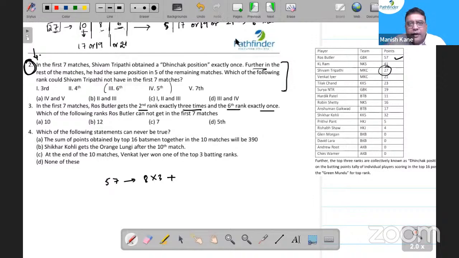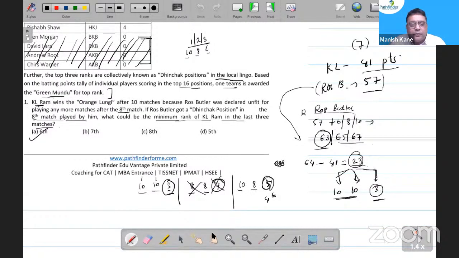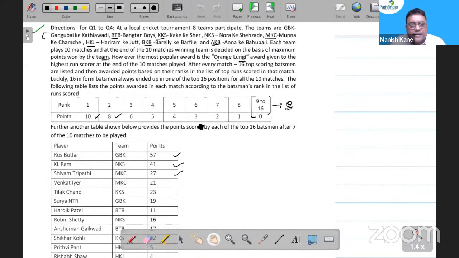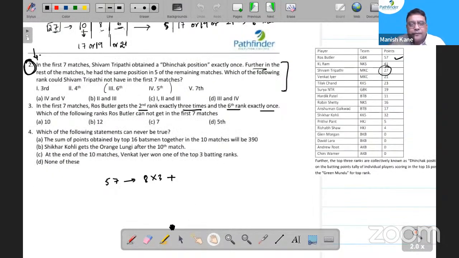When you look at rank 6th, the points are 3. So he gets 3 points exactly once. Correct? So 24 plus 3, 27 points. How many points does he need now? He needs 30 points.